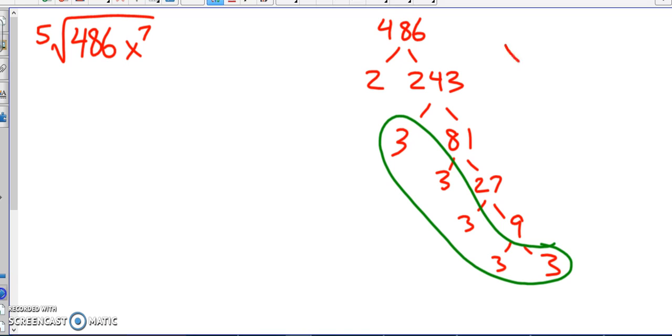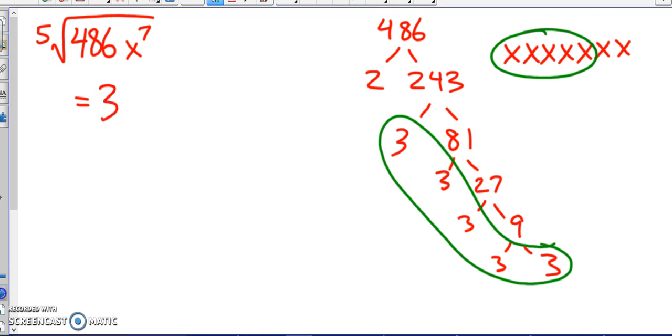X to the 7th: 1, 2, 3, 4, 5, 6, 7. That's a 5th root, so I'm going to want that many. So I'm going to have a 3x for the outside. I'm going to have a 5th root. I've got a 2 left over. And if you look at these x's right here, x times x is x squared.